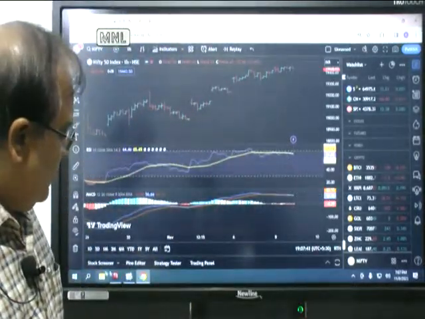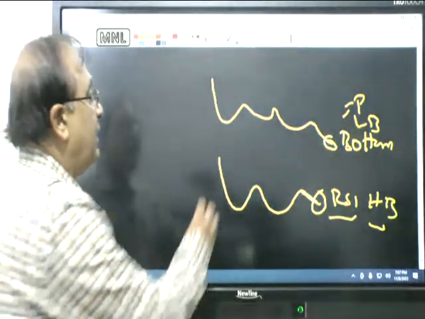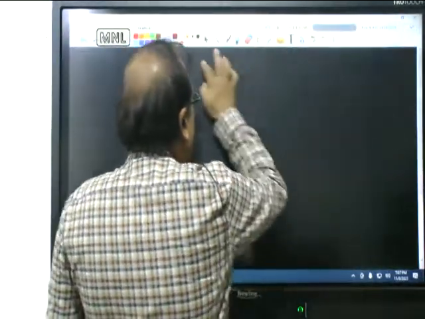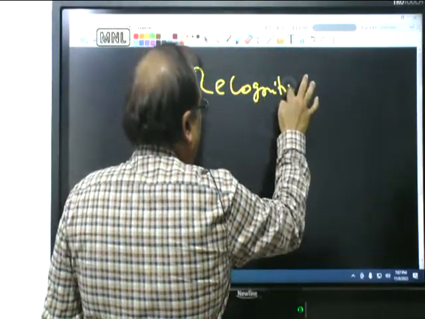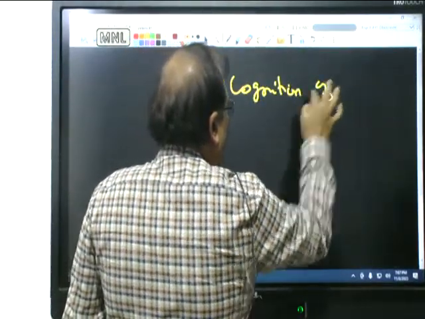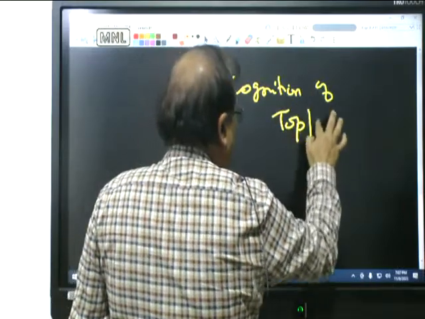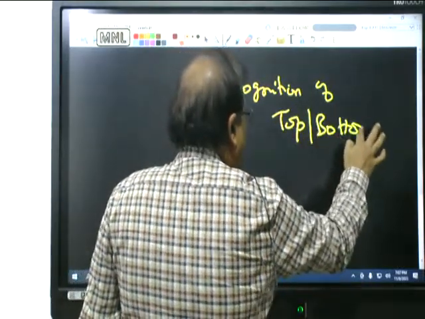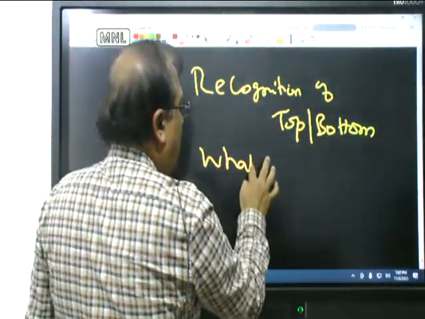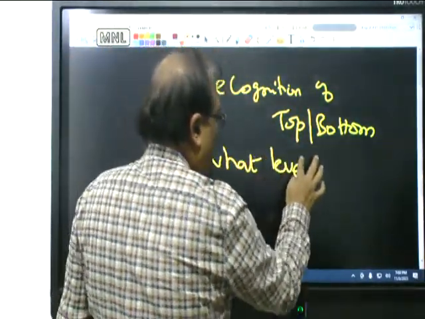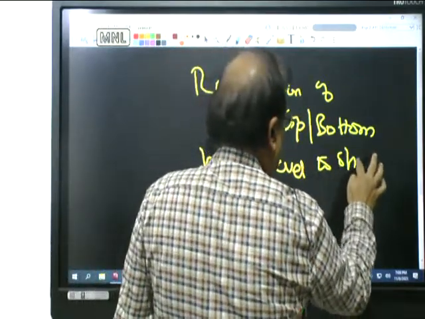So the first thing before us is recognition of top or bottom. This is the first stage. Then we can look at what level to short or long.